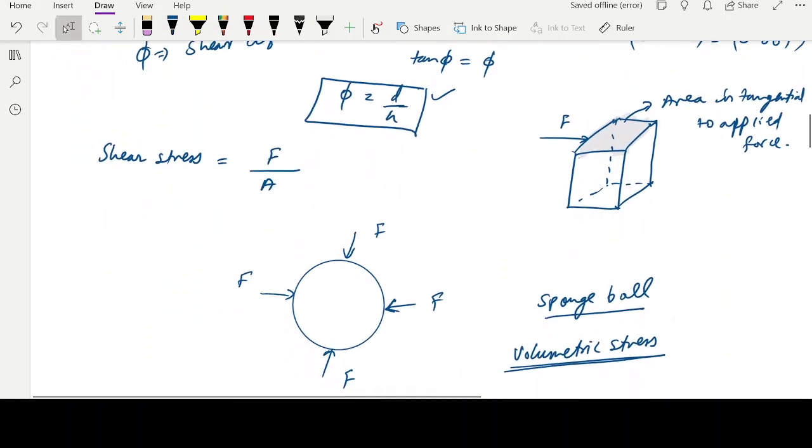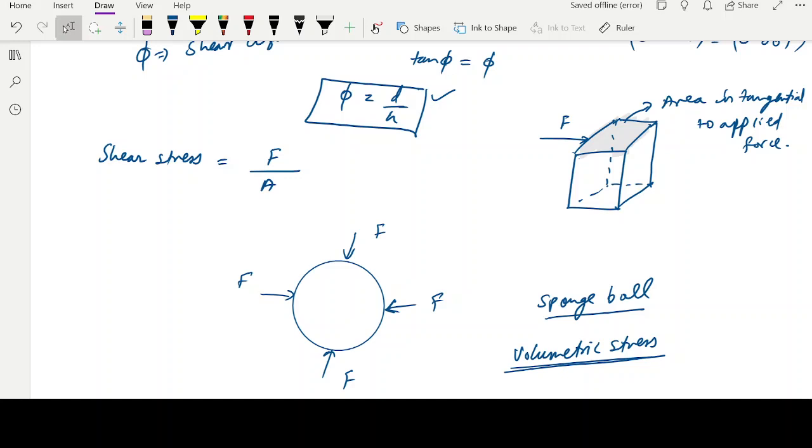Moving ahead, now the third type of stress is volumetric stress. In case of volumetric stress, the force is applied from all the directions, equal force is applied. F, and F, as you can see in this sphere, in all directions equal force is being applied. This can be very easily compared to a sponge ball.